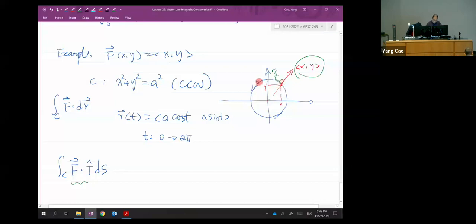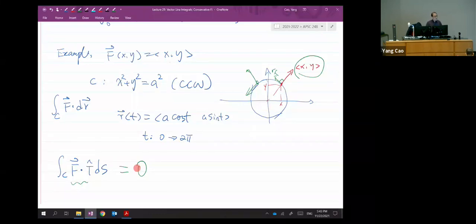Now, if I pick a different location, I get exactly the same relationship. So as you go along the whole curve C, no matter where, F dot T hat is always 0. So the whole vector line integral should end up with 0. That's a quick way to solve this question, rather than doing it step by step with all the substitutions, derivatives, and integrals, and you end up with 0 anyway.